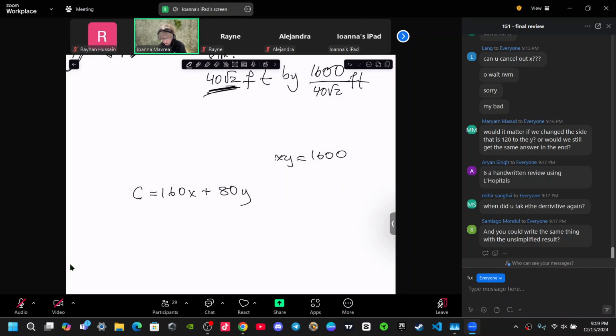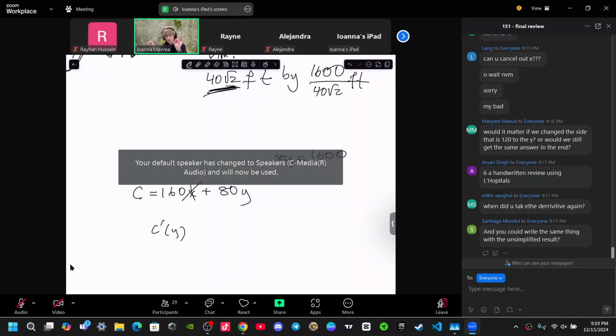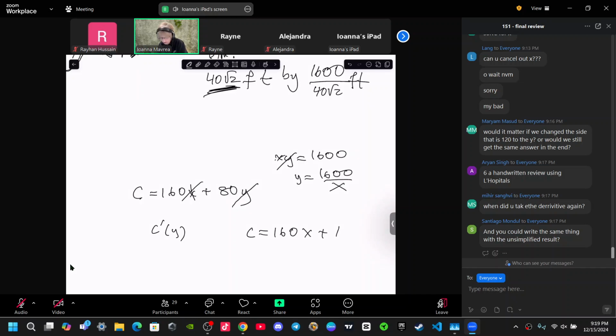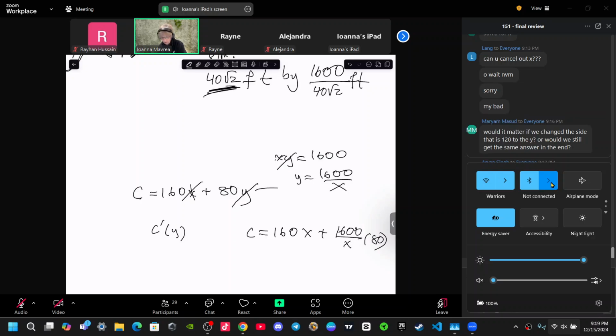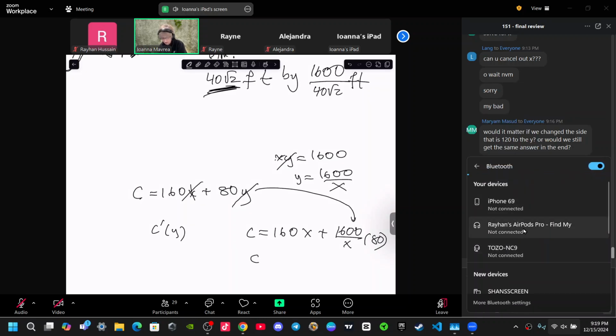We got rid of the x's, and we have all y's, and we took the derivative with respect to y. These are independent variables. Or you can get rid of the y, right? So this is going to become C is equal to 160x plus 1600, that's the y, times 80. You can do that. Here's the y. And then take that derivative.